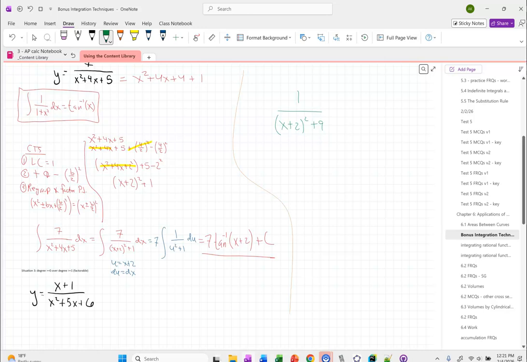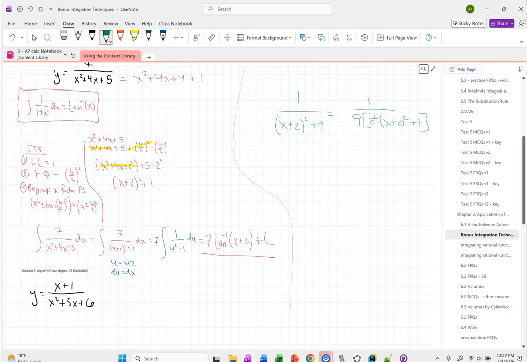So what I would do is I would take a greatest common factor of 9 out of the denominator, because I need this to be a 1. So when I factor a 9 out of this, what does that become? Well, I'm going to put the 1/9 out front, but over 9 would be fine also. Okay with that?